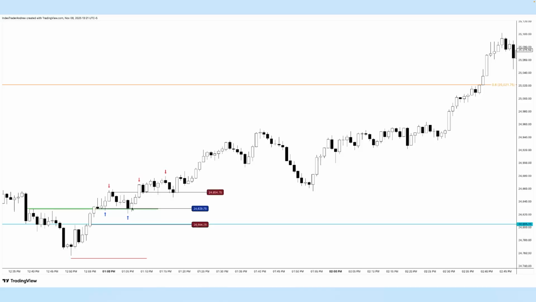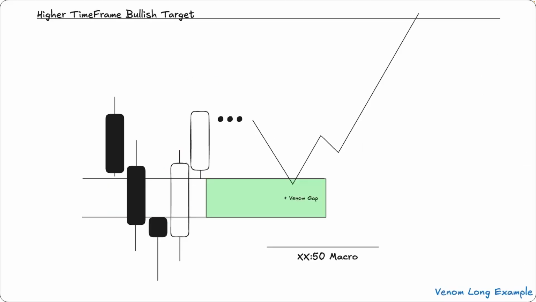But again, using that gap, partial at 25 handles, another one at 50, ultimately reaching for this 20% retracement back into the weekly range was my draw on liquidity. And just to go back here, that is my higher time frame bullish target. It was a 20% retracement back into the range.